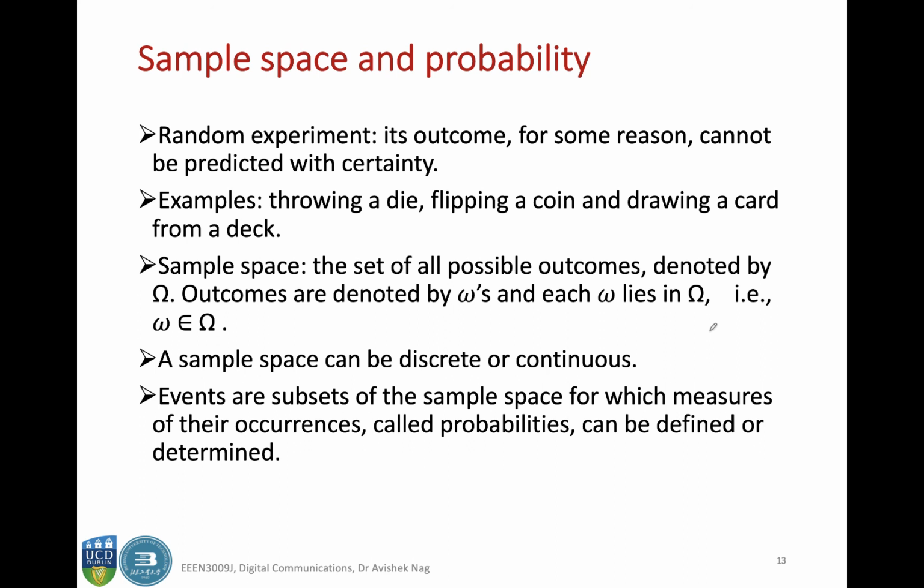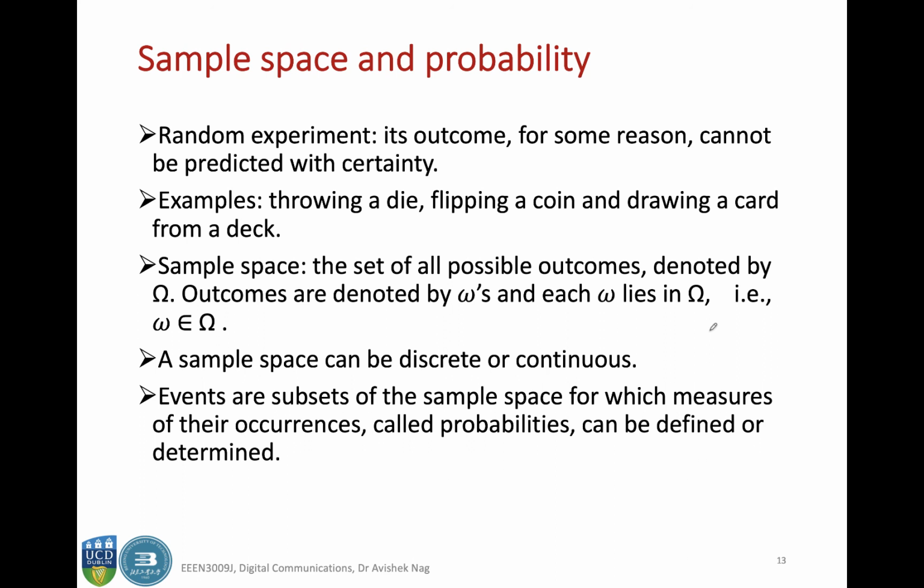Then comes the concept of sample space. This is the set of all possible outcomes of a random experiment, denoted by capital omega. Outcomes are denoted by small omegas, and each small omega lies in the capital omega. If you consider flipping a coin, it has two outcomes, either a head or a tail.